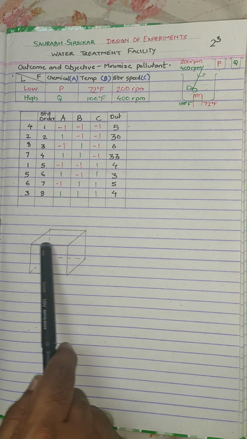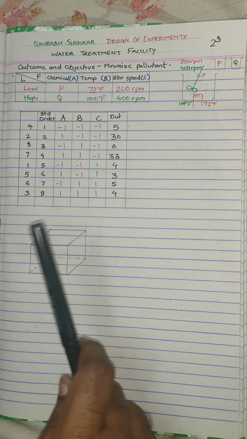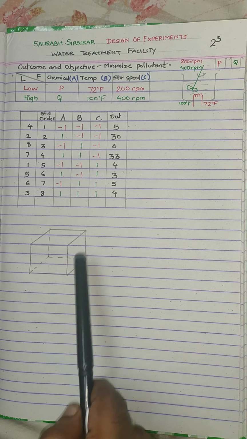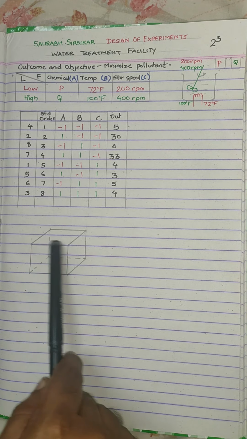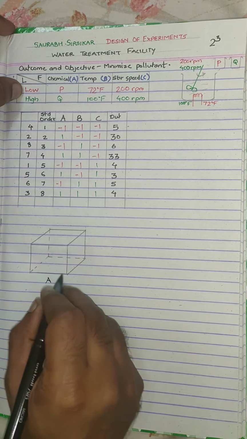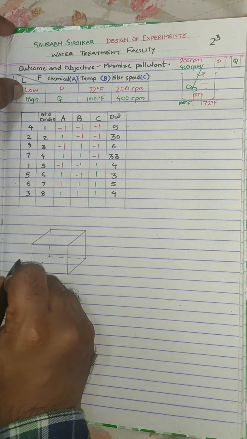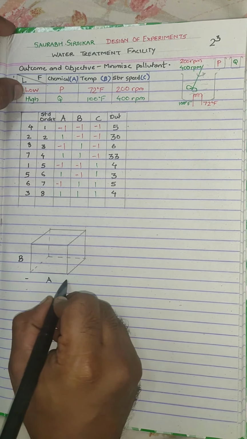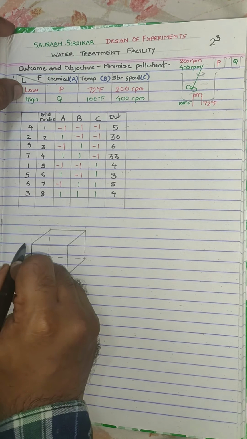Today you can see an actual cube as a cube plot. In the earlier videos there were 2 factors and 2 levels, so I used to draw just one square. I used to assign A to the horizontal axis and B to the vertical axis. I used to assign minus and plus, also minus and plus, like this.